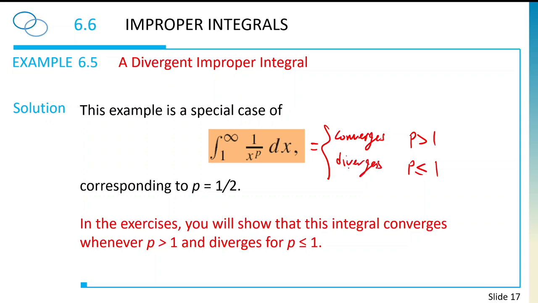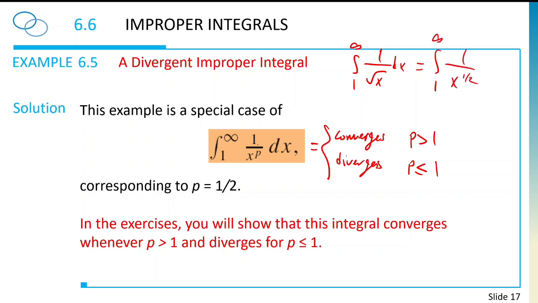Why is this helpful? It can help me in checking my answers, for one thing. Like the previous question, it was 1 over radical x, which is basically from 1 to infinity of 1 over x to the power of half.